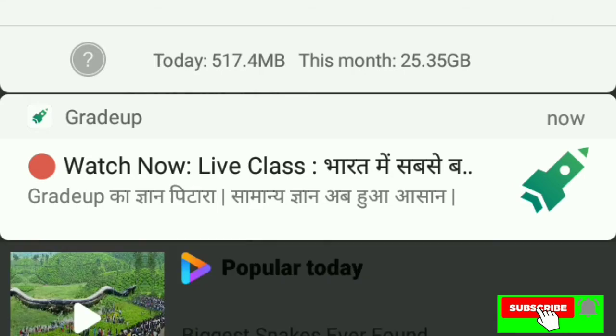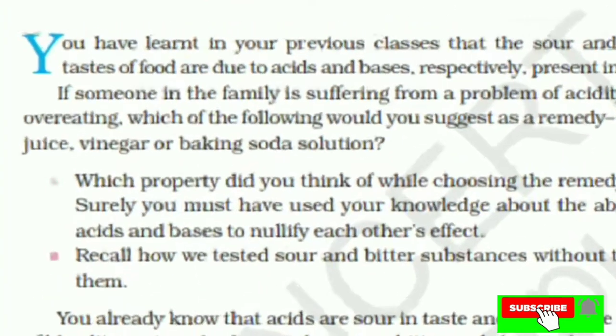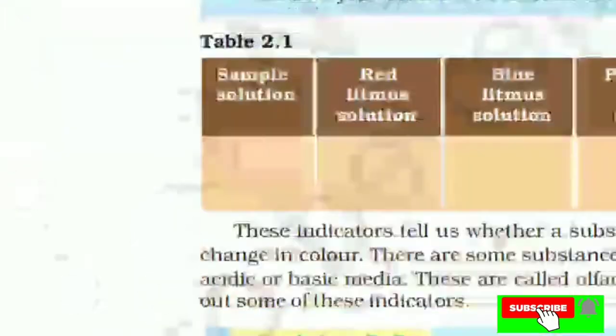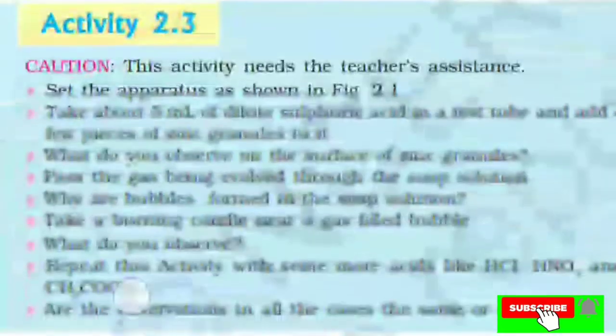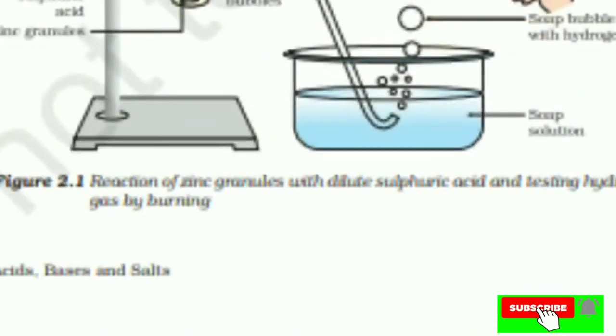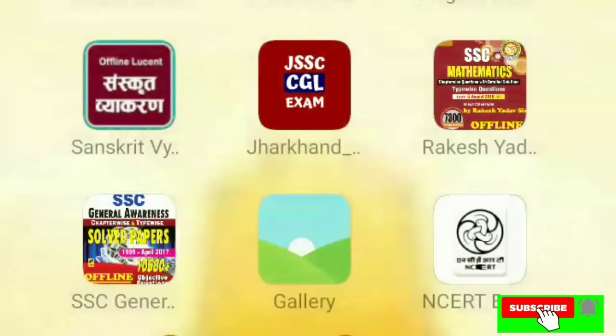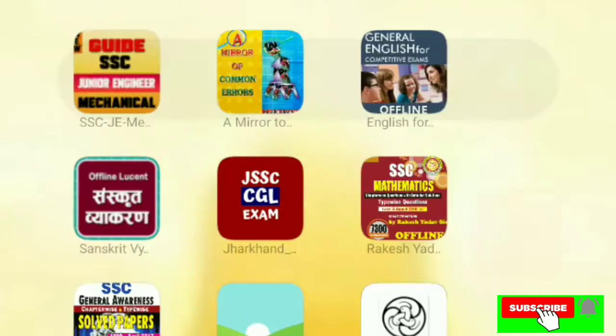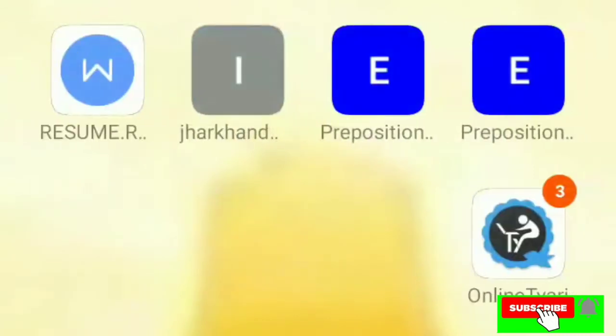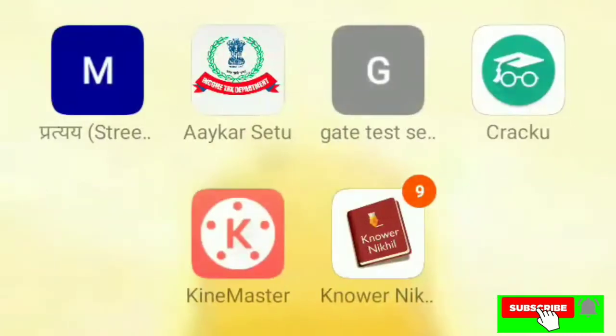In the chapter you find acids and salts. I am using this to draw on the screen.